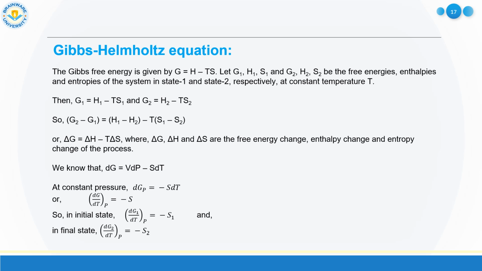Now we know that dG equal to VdP minus SdT. So for constant pressure process, this term will be cancelled and we will get dG equal to minus SdT. So if we differentiate dG with T, we will get minus S. And for the two initial and final states, it will be S1 and S2.